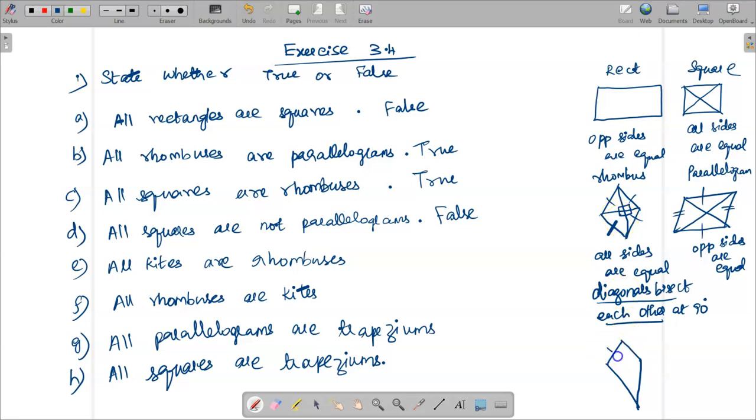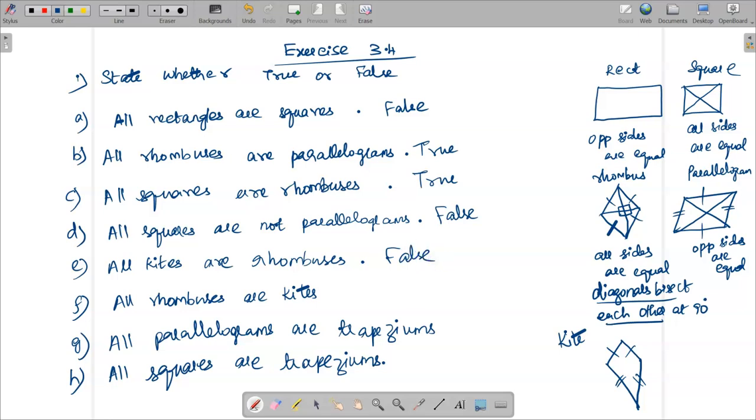Because in a kite only two adjacent sides are equal. So these two sides, and these two sides, are equal in a kite. All sides are not equal. So a kite cannot be a rhombus, which means the statement is false.